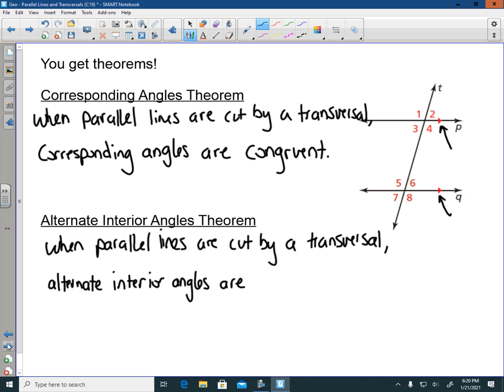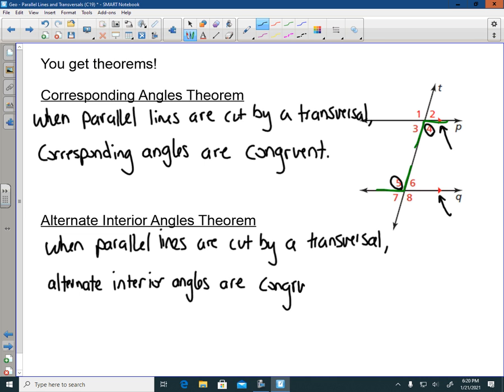Well, let's see. Here's some alternate interior angles. Here's 5 and 4. They are alternate interior angles. Here's 5. Here's 4. What do you say? Are they the same? Or do they add to 180? Well, I can tell you, they're the same. And so they are congruent.